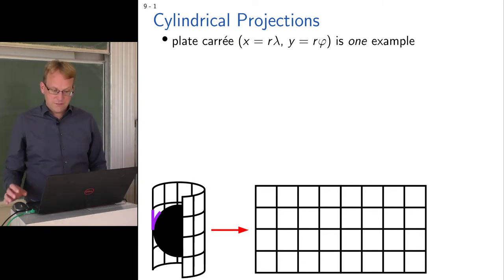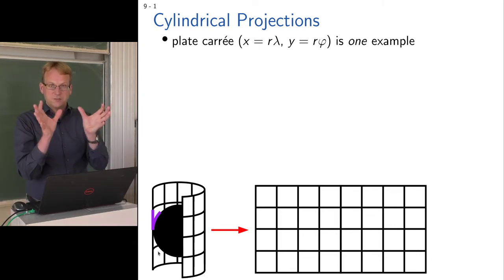What we have there in general, first of all, is that the plate carrée projection is one example of a cylindrical projection. That is because you can assume this cylinder wrapped around the Earth, or around the sphere.